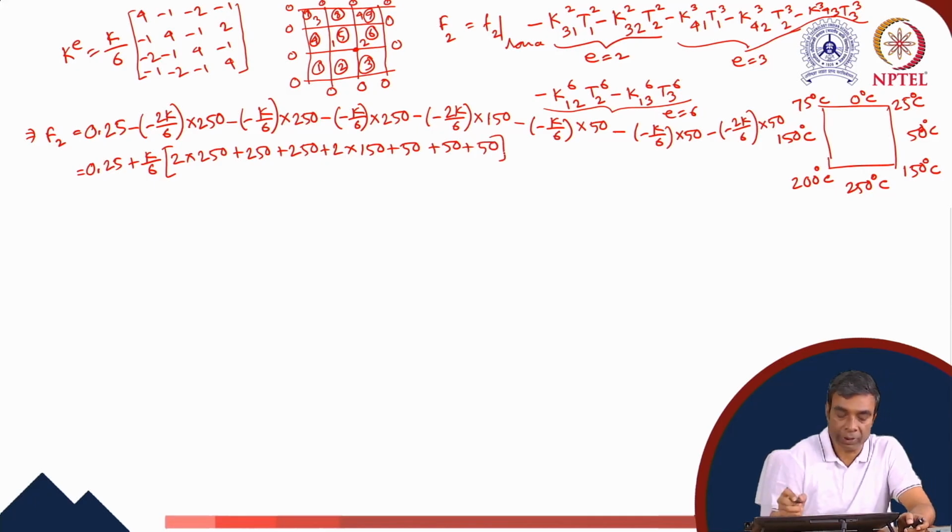So let us make a cross check. This is 2 into 250 plus 250 plus 250 plus 2 into 150 plus 50 plus 50 plus 2 into 50.